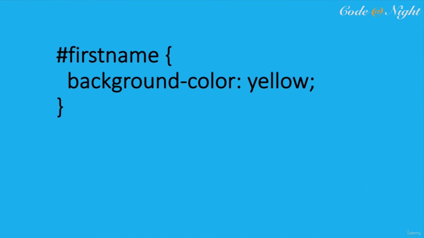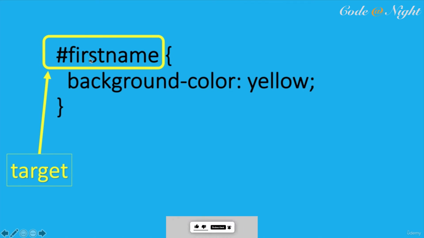And now we are going to talk about the syntax. We use the selector to select the HTML element by using the tag name, ID, or classes, and then we use the declaration to style the element. This is an example of how we use the CSS, and we write this, and this is the target.